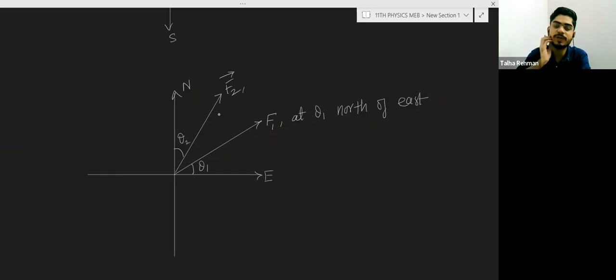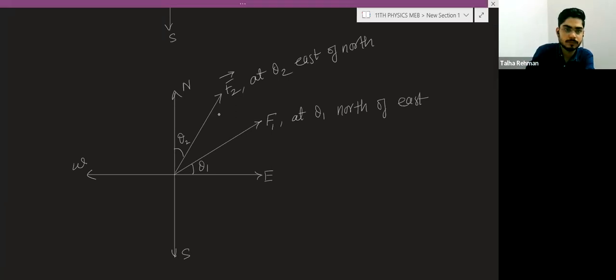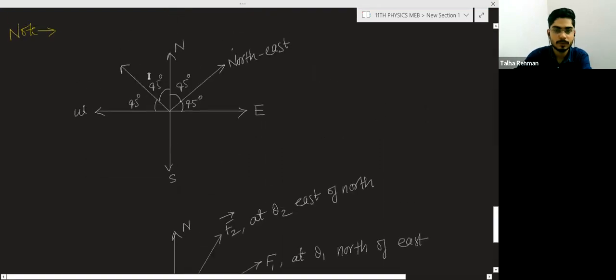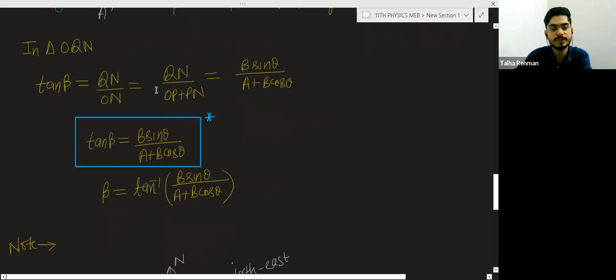So this will be known as theta 2 east of north. This is south. So note it down from here. No requirement of diagram.